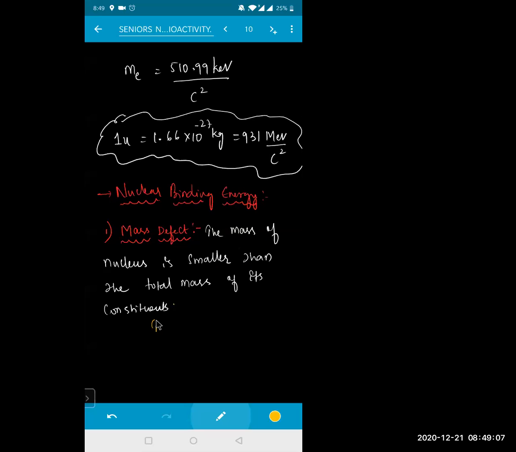So the difference in mass of a nucleus and its constituents, delta m, is called the mass defect.